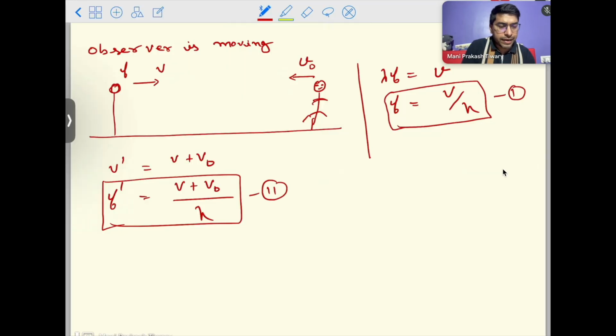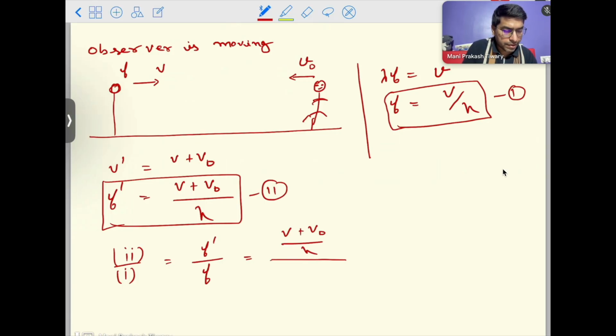If we divide equation 2 by equation 1, we get F dash by F is equal to V plus V naught divided by lambda, whole divided by V by lambda. Lambda will get cancelled out.